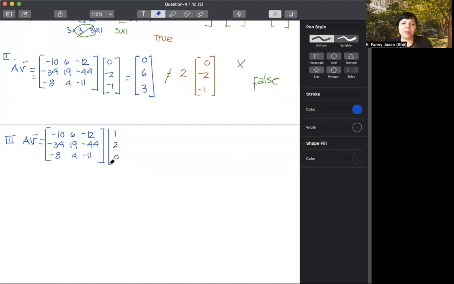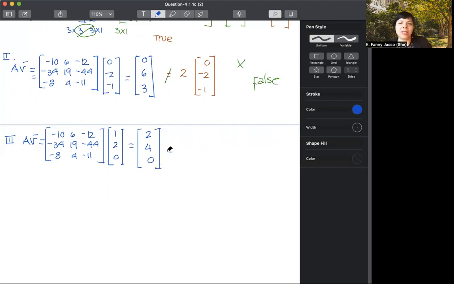So I need to do again the multiplication, and that will give me the vector. So let's see, it's -10 plus 12 plus 0, so that's going to give me 2, and then -34 plus 38 plus 0, so that's 4, and then -8 plus 8 plus 0, so that does give me 0.